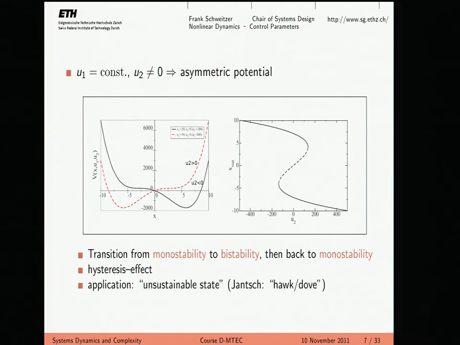But then, due to some external influence, maybe media effect, maybe propaganda from the government, who knows? The population of doves start to slowly decrease and the population of hawks start to increase. At this point, when the amount of, let's say, media propaganda has become too high, suddenly the country goes to war.